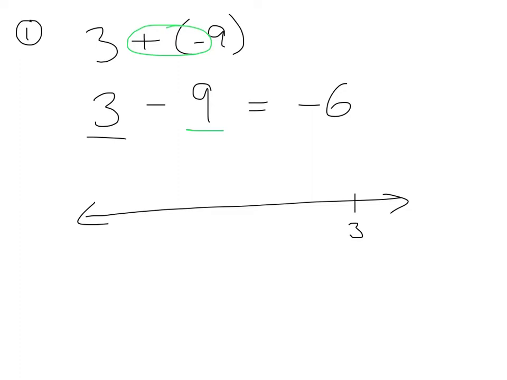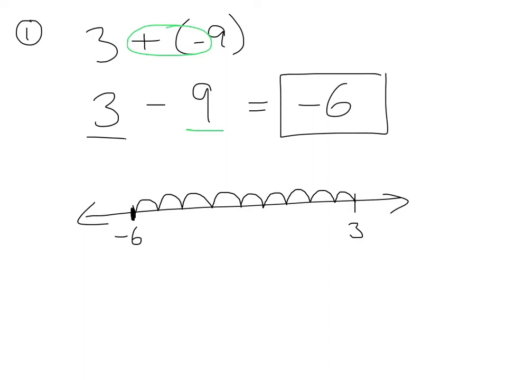Starting at the first number and subtracting the next number, I'm going to go 1, 2, 3, 4, 5, 6, 7, 8, 9. That's my ending point, but my end point is not negative 9. It's negative 6, and we can make sure of that by saying, if that's 3, it's 2, 1, 0, negative 1, negative 2, negative 3, negative 4, negative 5, negative 6 is right there. And that, of course, is the answer we got.